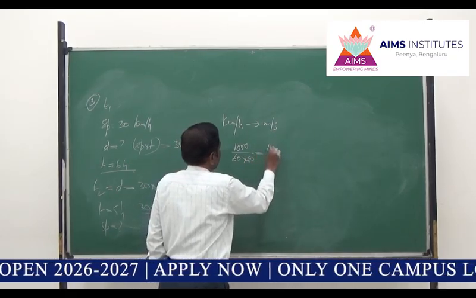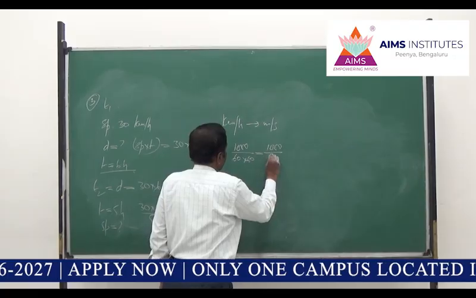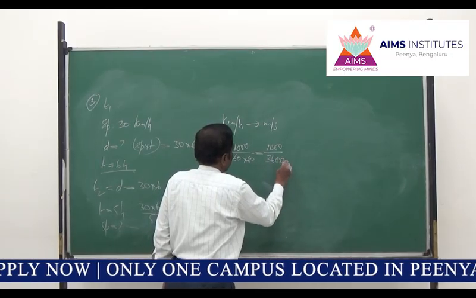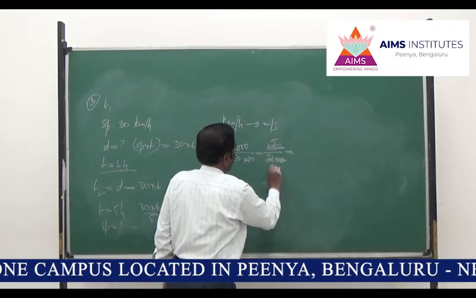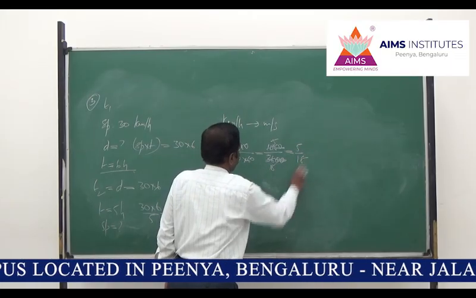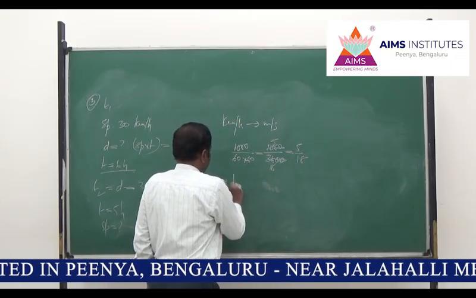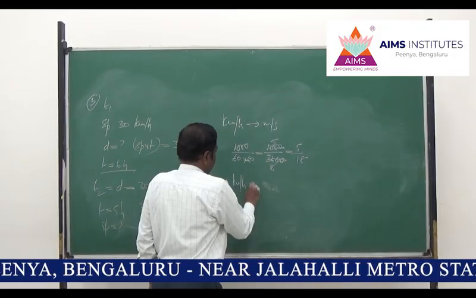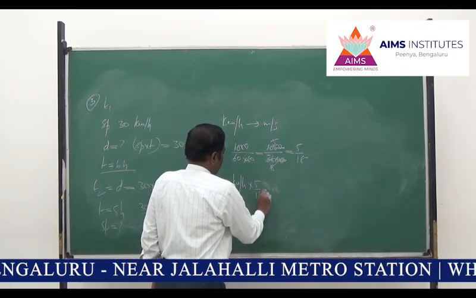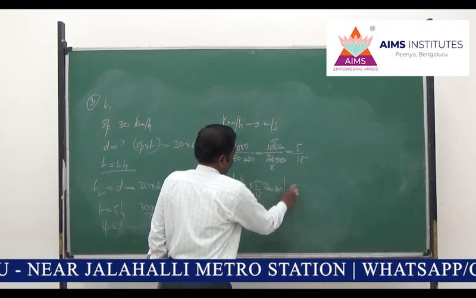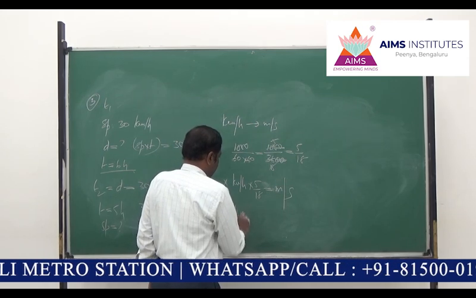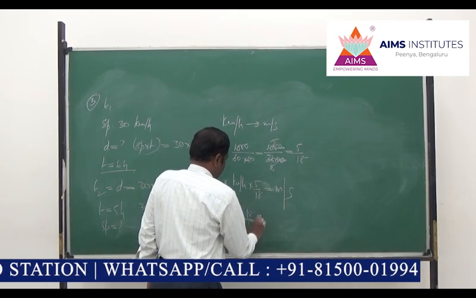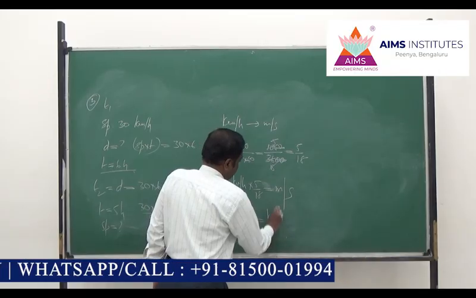Now we can take 1000 by 3600. 2 zeros get cancelled, and it becomes 5 by 18. So x kilometer per hour into 5 by 18, we get meters per second. So x meters per second into 18 by 5, reverse, then you get kilometers per hour.